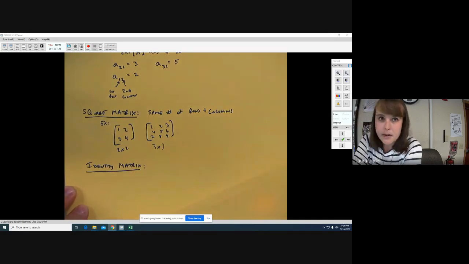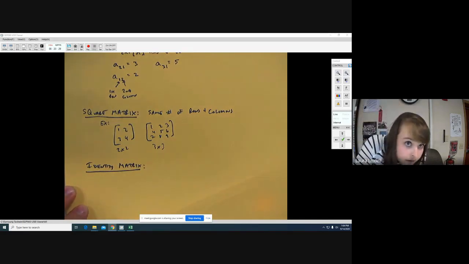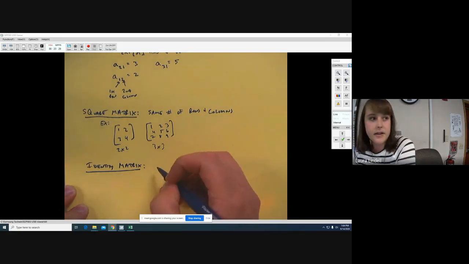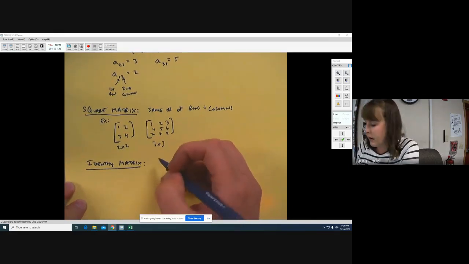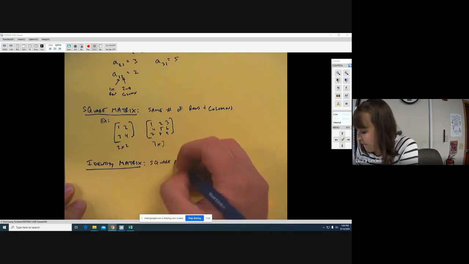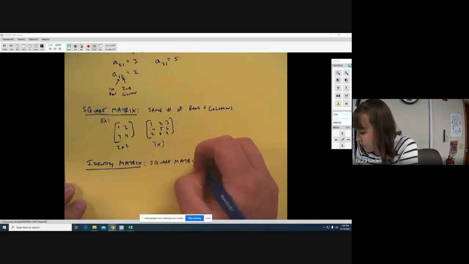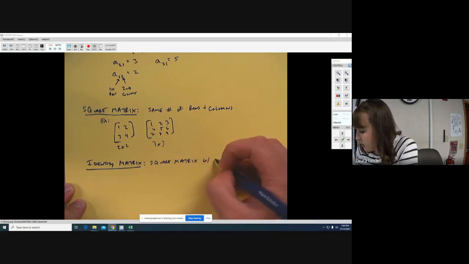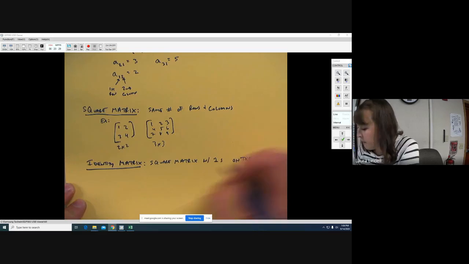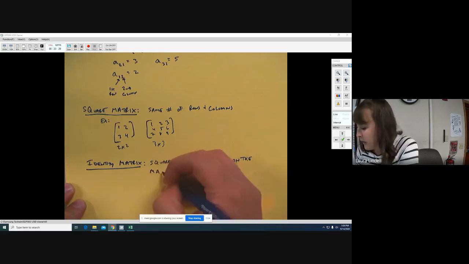An identity matrix is a square matrix that has 1s on the diagonal and 0s everywhere else. And it's on the main diagonal. We're going to talk about that as well.